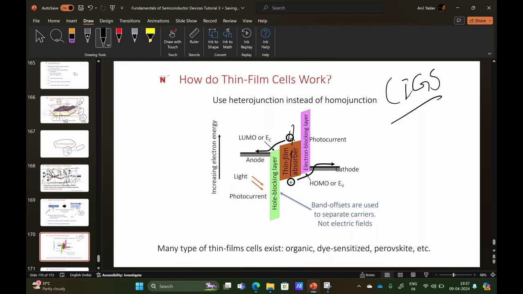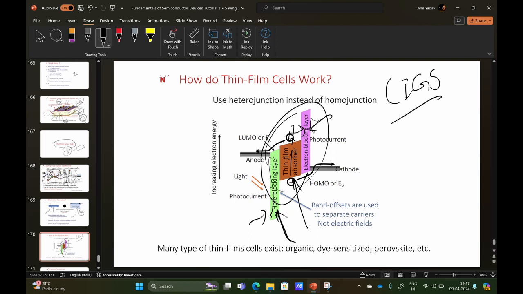There are three main layers: one is the hole blocking layer, one is the absorber layer, and one is the electron blocking layer. It blocks the electrons at the back surface to prevent surface recombination, which is the back surface field. This is the front surface field. This is the hole blocking layer. So these are the three main layers, which are very thin.